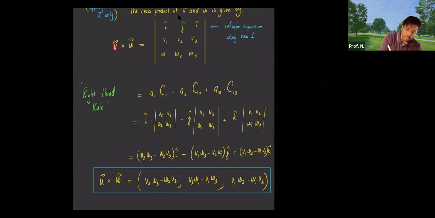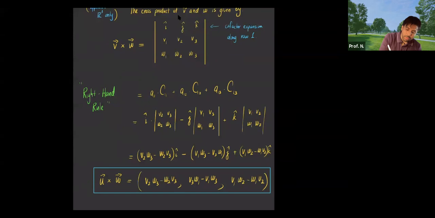If I take V and cross product it with W, you can think of V as the index finger pointing this way, and W would be the middle finger pointing orthogonally to the index finger.